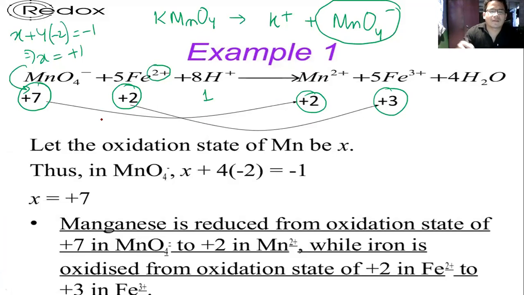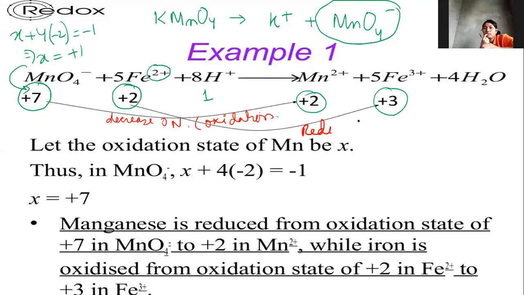Iron undergoes oxidation. Yes, very good. A decrease in the oxidation number corresponds to reduction, and iron is undergoing oxidation. This is the better way of defining oxidation and reduction.